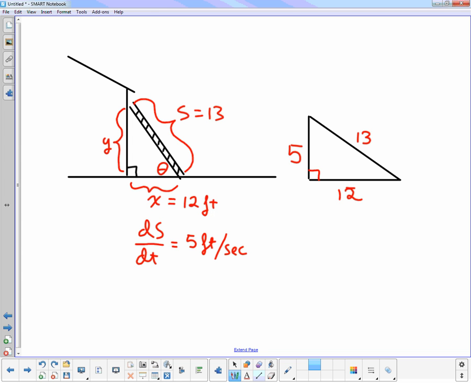It's your Y and this is your X. The question is how fast is the top falling? Relative to time.